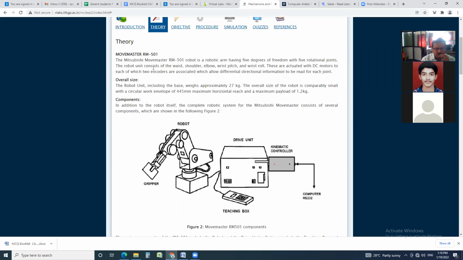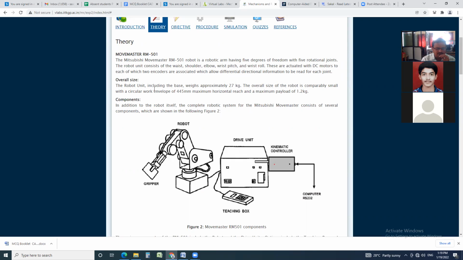The robot unit consists of waist, shoulder, elbow, wrist pitch, and wrist roll. These are actuated with DC motors, to each of which two encoders are associated, which allow differential directional information to be read for each joint. Overall size.